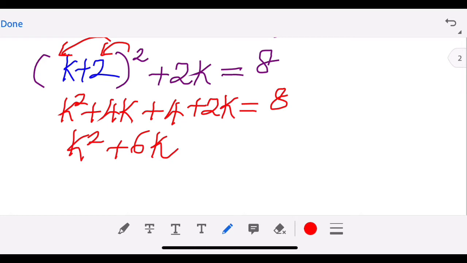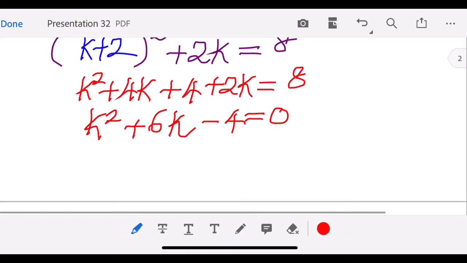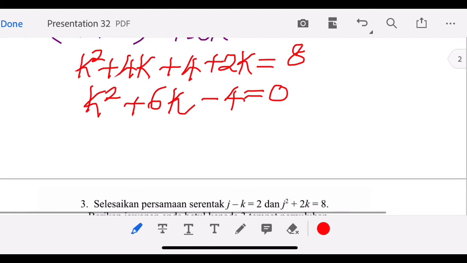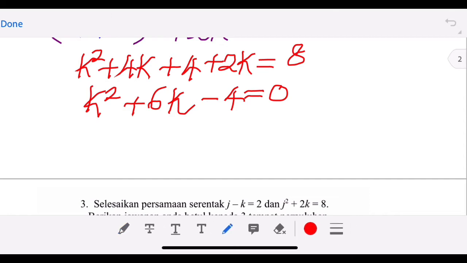Okay, so now we are going to solve it carefully. When you reach this stage, 4 minus 8 is minus 4, right? Double check, okay? Everyone can be very careful, and we try to avoid careless mistakes. If you are good, you will check the type of root using b squared minus 4ac, right? Remember I taught you.